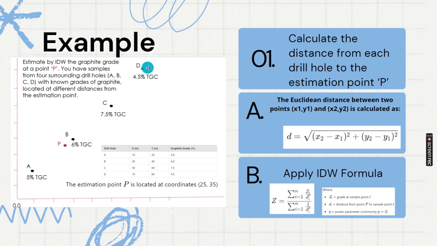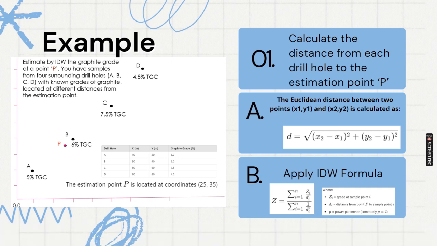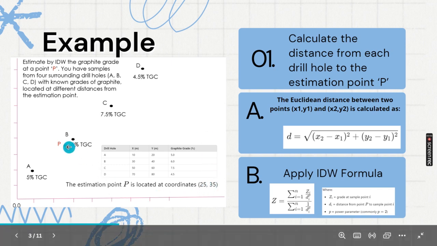Likewise, all the plots, these are the known points. Now we'll show how to calculate IDW. This is one single example. In this way, the entire area should be covered. For that, software will do, but the principle behind it must be understood. That is why I am showing one single example. To calculate the most likely graphite grade at unknown point P, for example, P location is coordinates 0.25, 35.